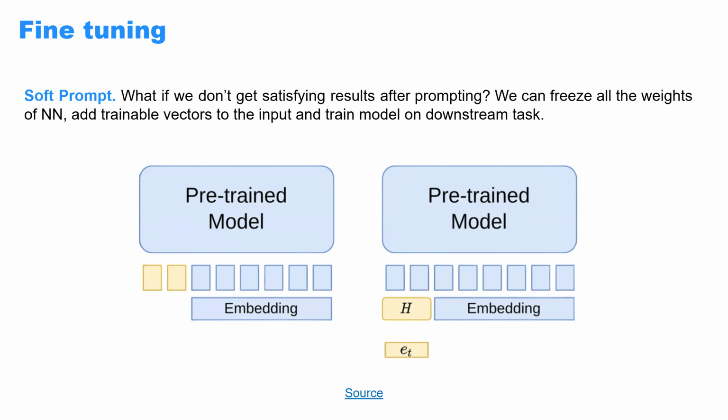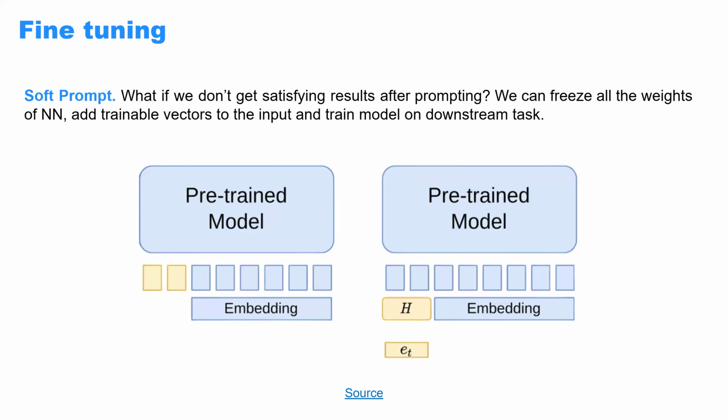So why not directly learn vectors that represent the correct prompt? That's the idea of fine tuning, or soft prompt.